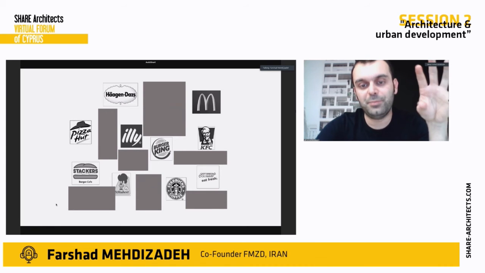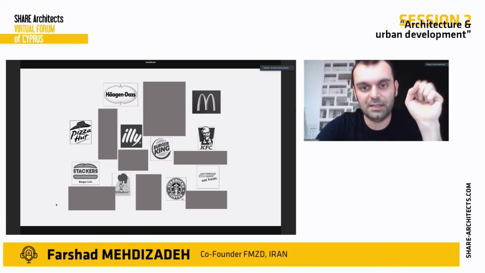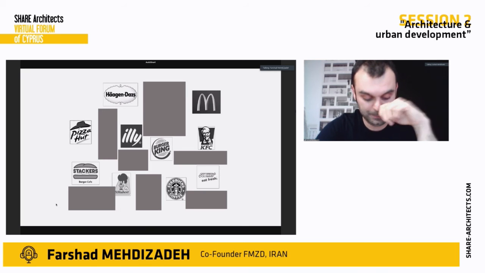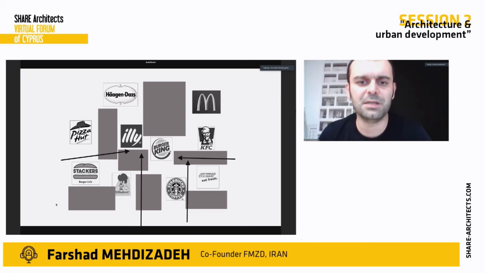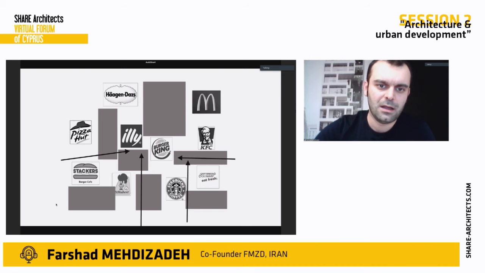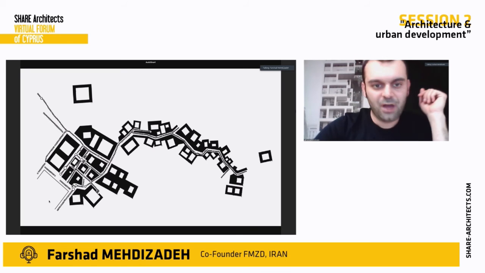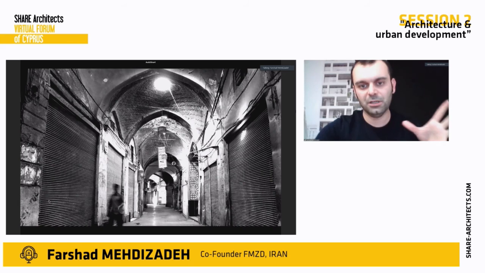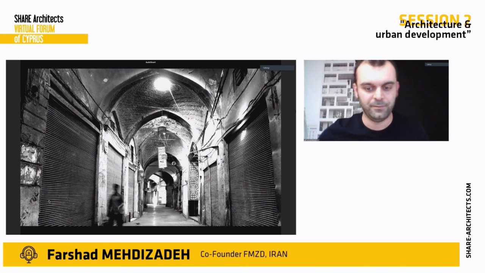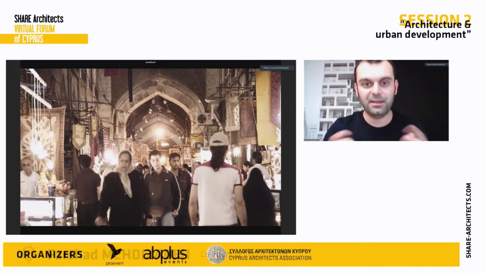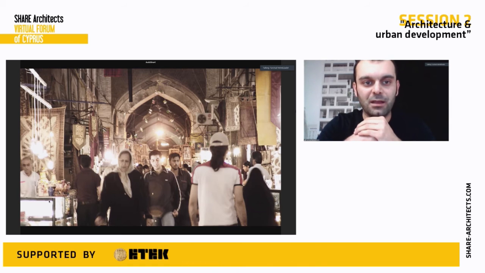Each brand has its own space with a special character. It's exactly like the Isfahan Bazaar. The organization is like the Isfahan Bazaar, which is like a tunnel by itself, which gets its character from people's activities, the goods, and what you sell.